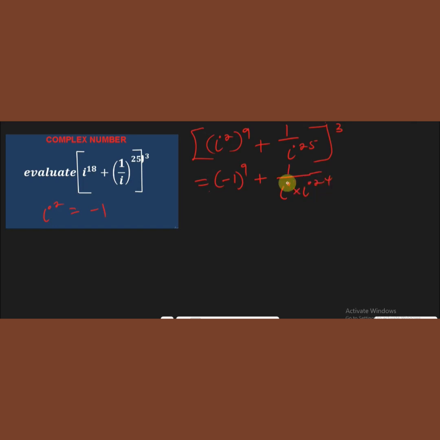Now the goal is just to get i raised to the power of 2, so I can replace it with minus 1. That will help me to simplify the expression. So minus 1 raised to the power of 9 is the same thing as minus 1 times minus 1, 9 times.